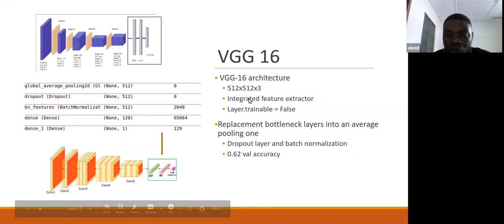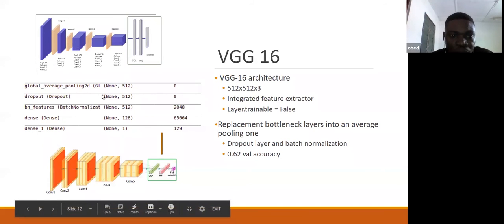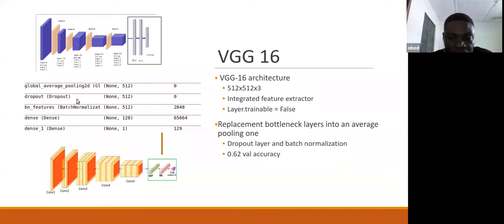So what I did was I froze the layers of the VGG 16 and just made its layers an extractor. So I was just trying to extract some features from the X-ray images, and once those are extracted, I would make that an input to the new model that I built here, right?